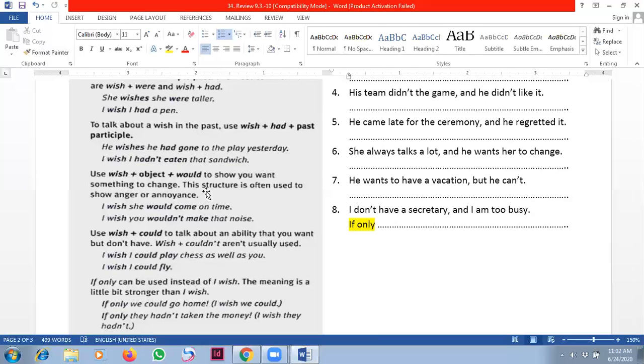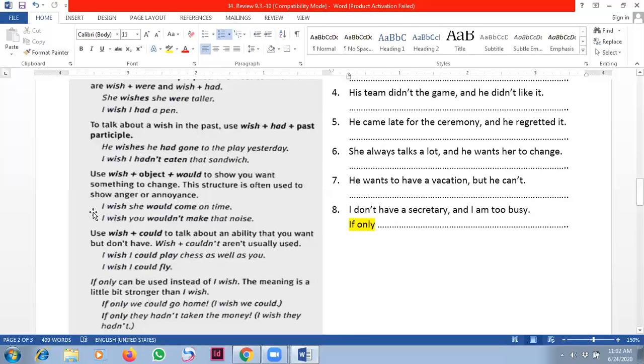And if you want him to change that habit, you use would. So you want to change some kind of routine, maybe because you're angry or maybe because you're annoyed.